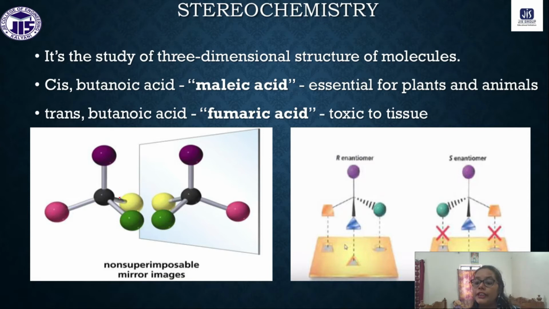So for any drug synthesis, for any synthesis of a compound, we should know the stereochemistry well. Otherwise, while applying it to any living system or synthesizing a drug, it will not be helpful. Then we can know what type of compounds we are synthesizing. So this is the importance of stereochemistry.